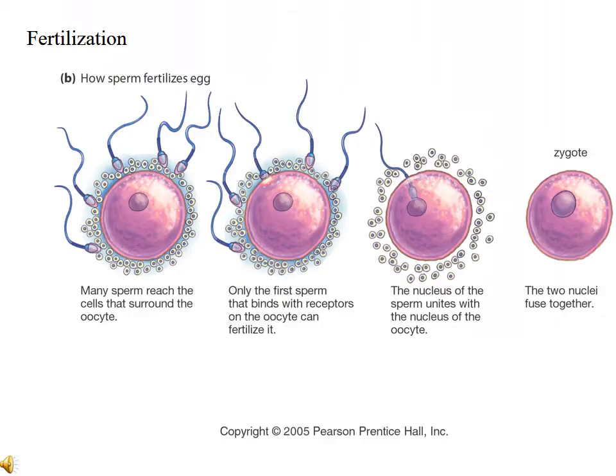So let's look at fertilization again. As you can see, the egg is surrounded by a broad spectrum of support cells. These cells will determine which sperm gets in, and once the sperm gets in, the nuclei of the sperm and the nuclei of the egg will fuse, forming the zygote.